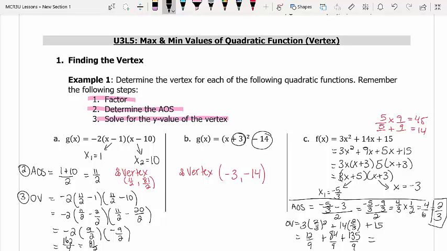And you're going to get a final answer, once it's reduced, of 77 over 3 for your optimal value. So therefore, the vertex here is at 2 over 3 and 77 over 3.